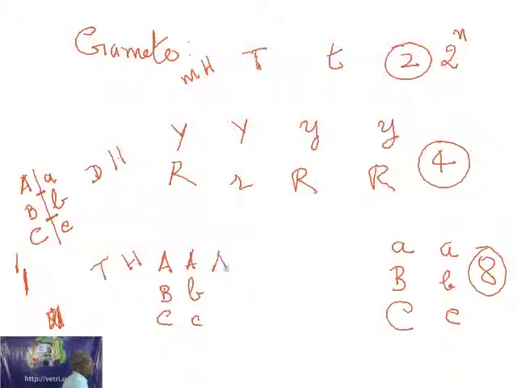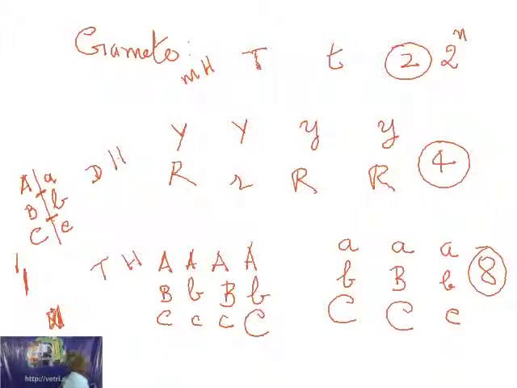Capital A, capital B, small c. Then small a, small b, capital C. Now the last ones, both the places I put capital A, small b, capital C. Like this.